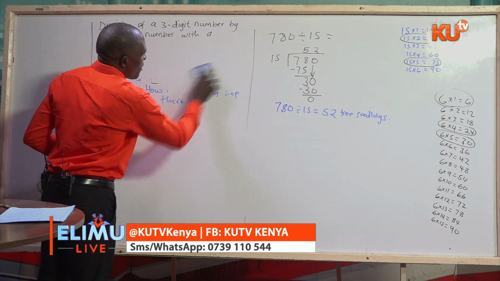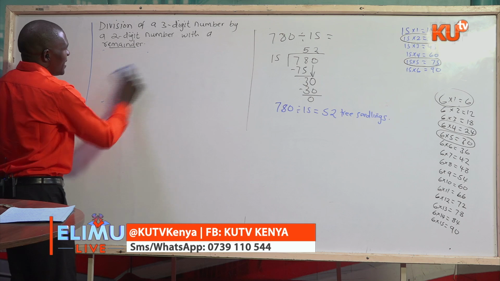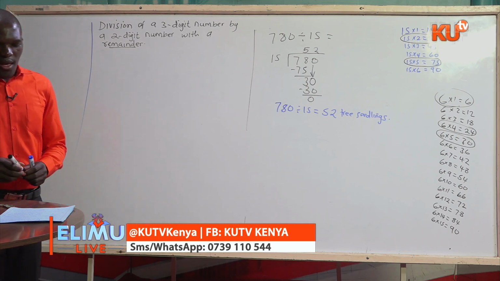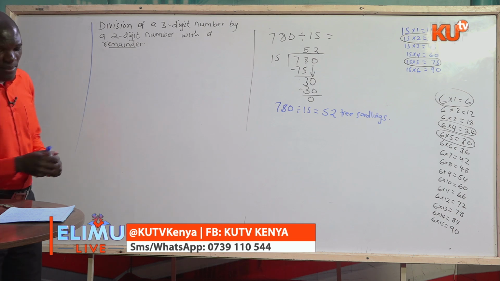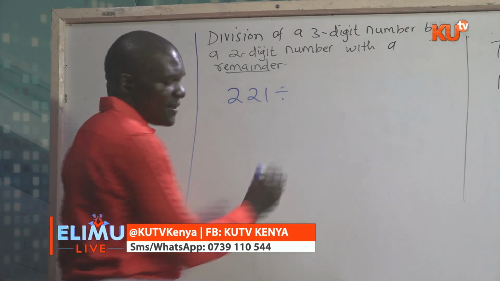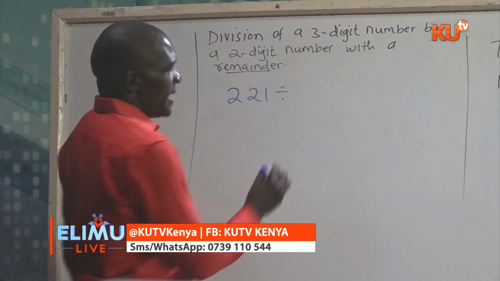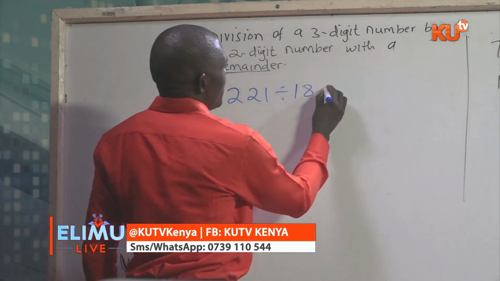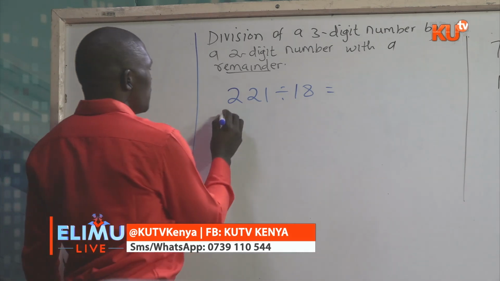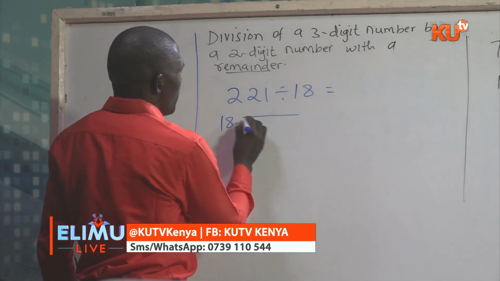I hope we are going on well, learners, as you are following. If you are given a sum like 221 divided by 18, then you will move to our long method.